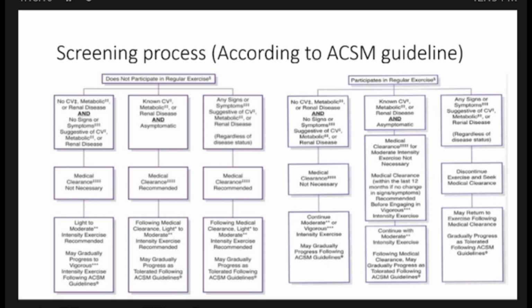As a summary of this whole part, if you don't have any kind of disease and you are between 15 and 65 years, you don't need any screening program to do mild to moderate exercise. You don't need it, right? But even though you are healthy, better not to start with vigorous exercise. Vigorous exercise only gives you more side effects. So you have to increase gradually and adapt your body.